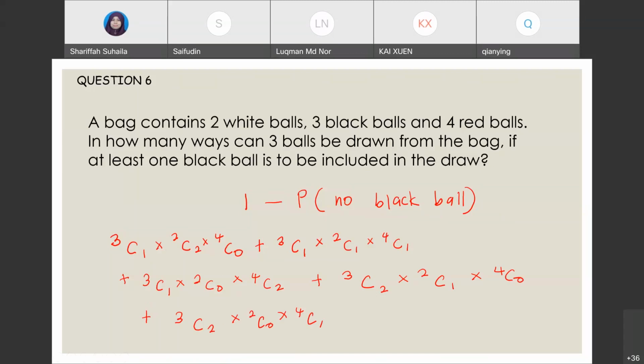So it means apa? 2 choose 2. Oh, you miss 2. Okay. Check kalau let's say saya pula yang salah lah. In case lah. So again here.